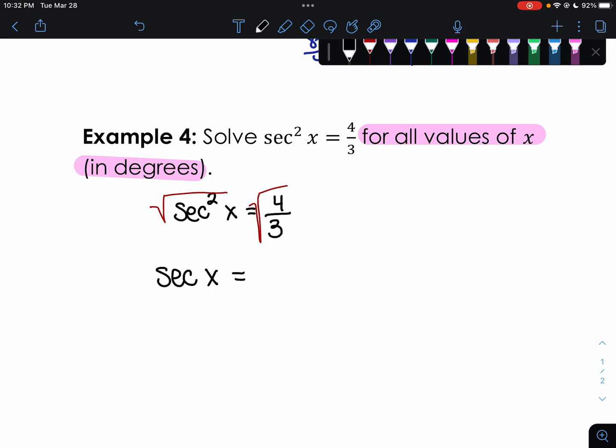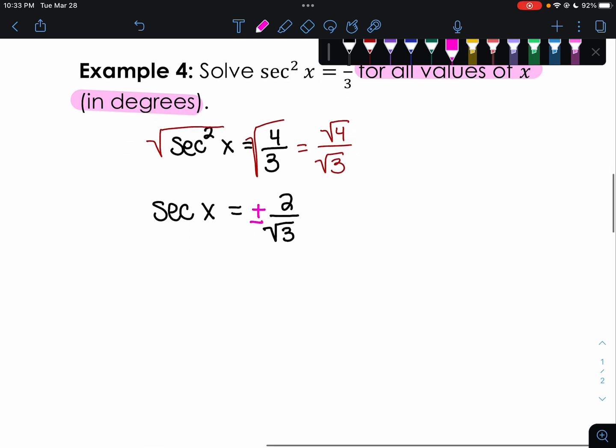When I take the square root of 4/3, you can take the square root of 4 and the square root of 3 individually. The square root of 4 is 2. The square root of 3 is rad 3 because it doesn't simplify. But anytime you're solving an equation that involves taking the square root, you have to remember plus or minus.